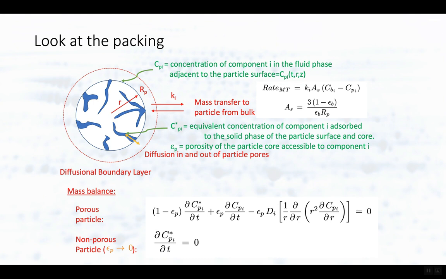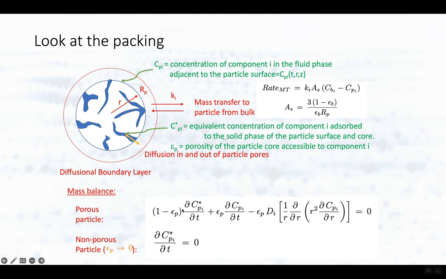Okay, so if we write a mass balance, let's look at the non-porous case first. If the particle is not porous, we only have to worry about diffusion, about mass transport to the surface of the particle, and once it gets there, there's nothing going on inside the particle. Okay, there's no diffusion into the particle. In that case, E sub p, the porosity of the particle, goes to 0 because there's no volume inside the particle, and this derivative of the internal one, C sub p star, goes to 0, so the derivative with time is 0.